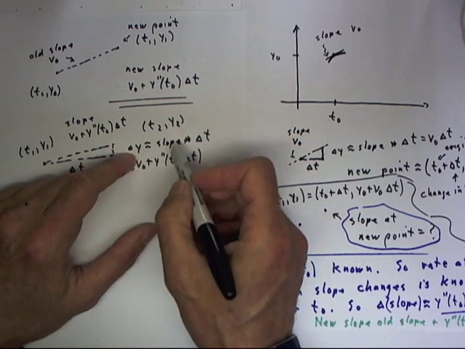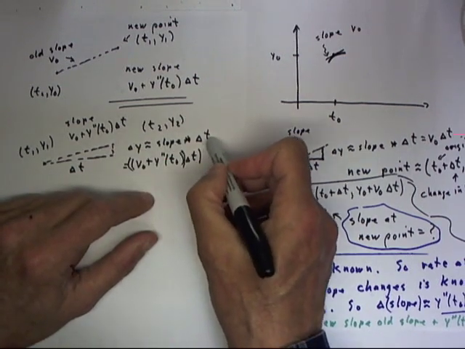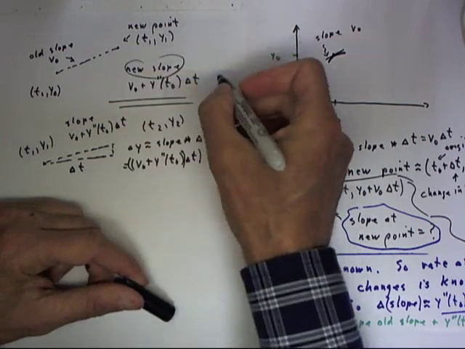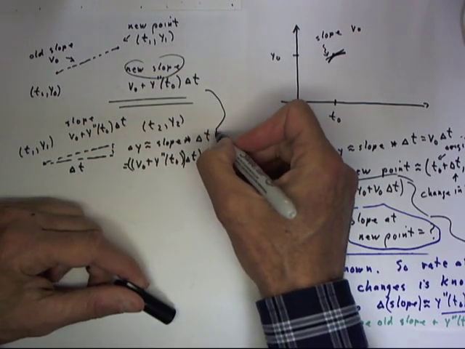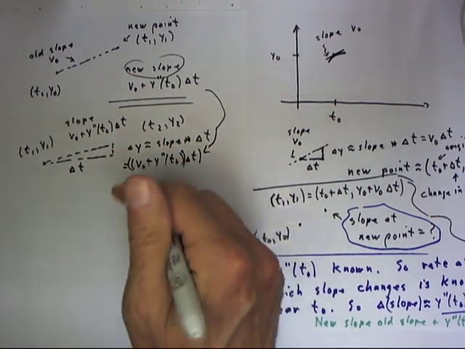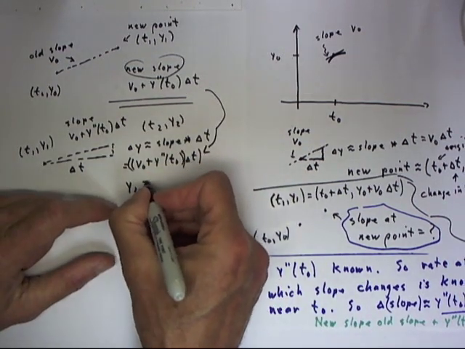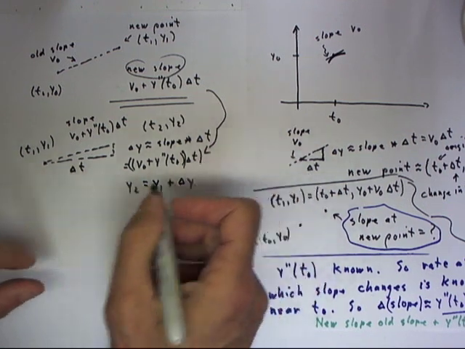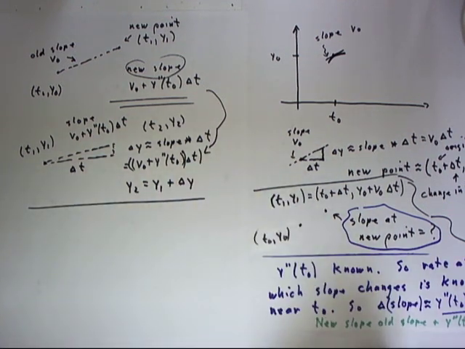Our change in y being our slope times delta t, our slope being our new slope, which we use to calculate our change in y, so that y2 is going to be y1 plus our new delta y.